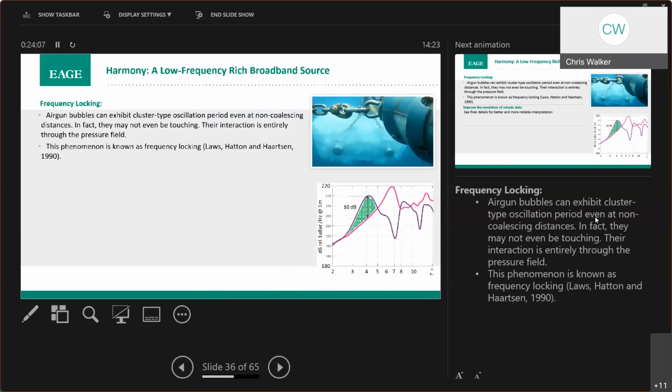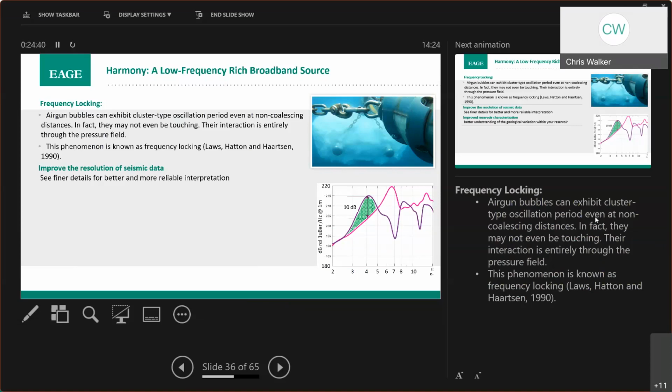So next slide, please. Harmony is a technique that was first investigated in the early 1990s by Robert Laws, Les Hatton, and Paul Houtzen. When air guns are operated close together, we get a frequency locking effect that allows you to get improved low frequency output from the cluster of air guns, even when the bubbles don't actually coalesce.